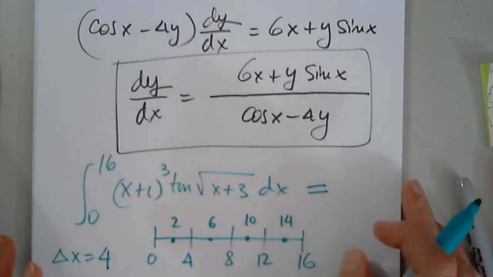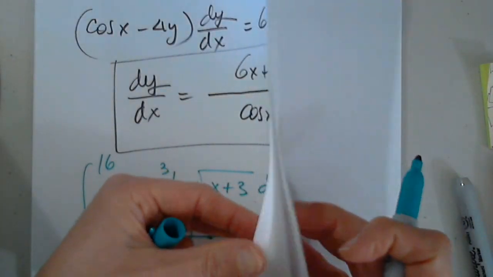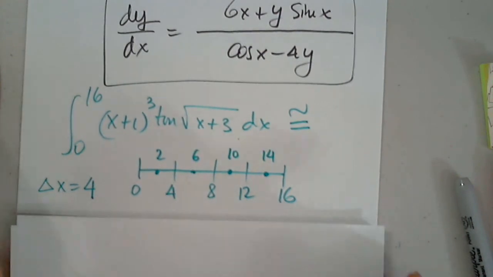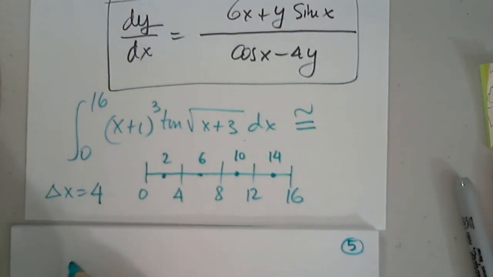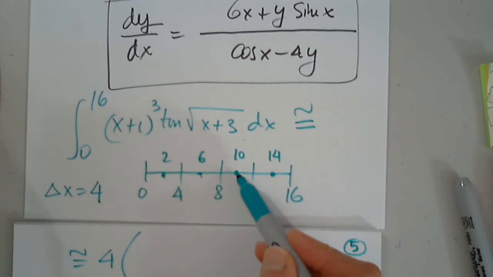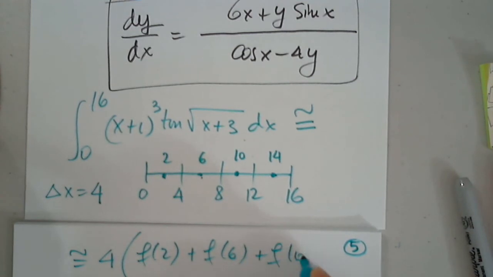So then this will approximately equal delta x, which is 4, times f of 2 plus f of 6 plus f of 10 plus f of 14.